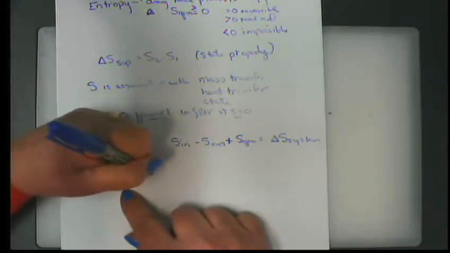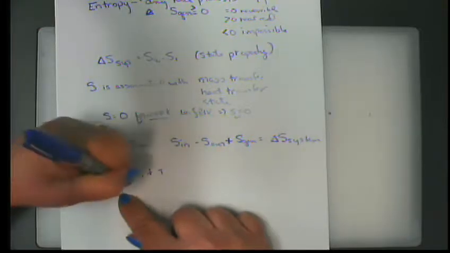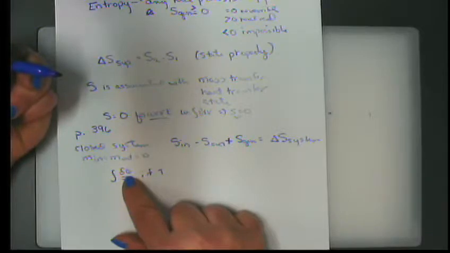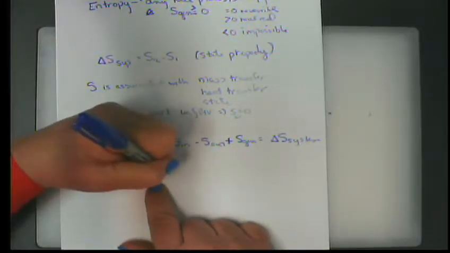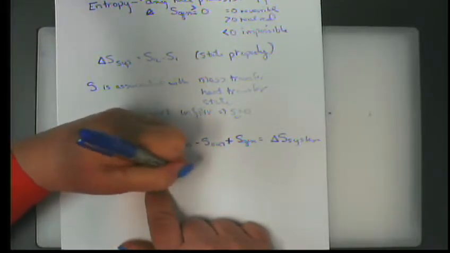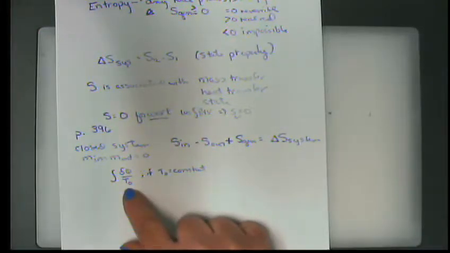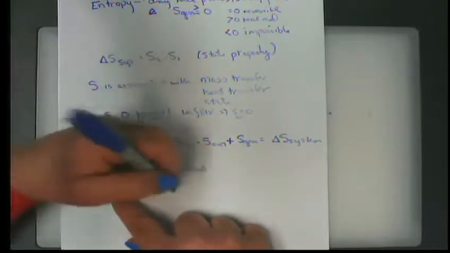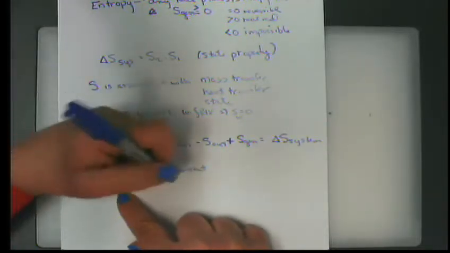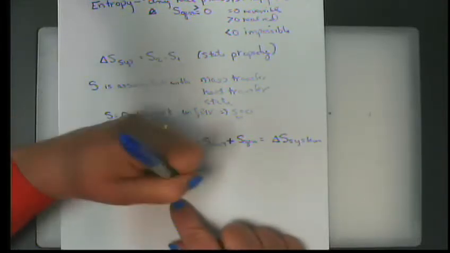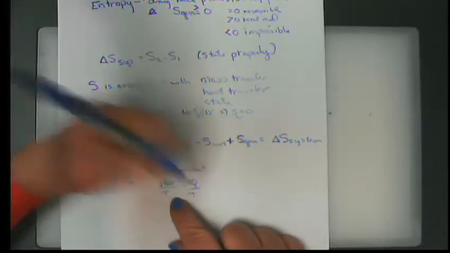This would be the temperature of the surroundings, and this is the heat exchanged between the system and the surroundings. So if T0 is constant, in other words, if we are exchanging with a heat reservoir, either a source or a sink, where the heat exchange is small enough that the temperature of the reservoir doesn't change, that will come out of the integral, and we'll just get the Q over T term.